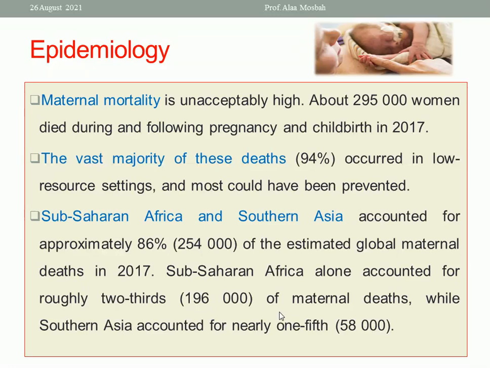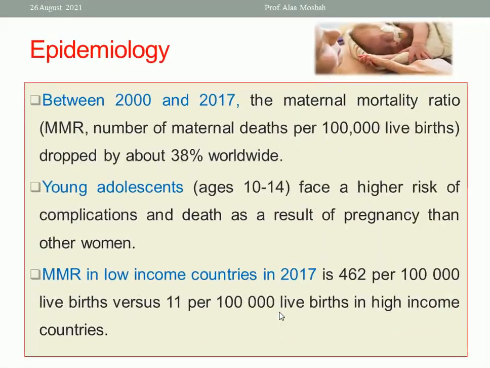But specifically, sub-Saharan Africa accounted for two-thirds of maternal deaths, while Southern Asia accounted for nearly one-fifth. During the period between 2000 and 2017, the maternal mortality ratio dropped by about 38% worldwide.